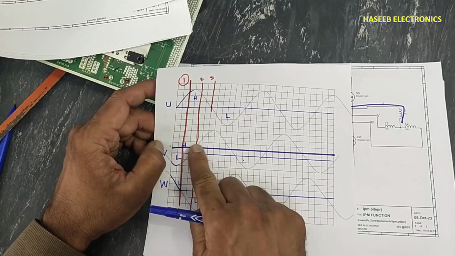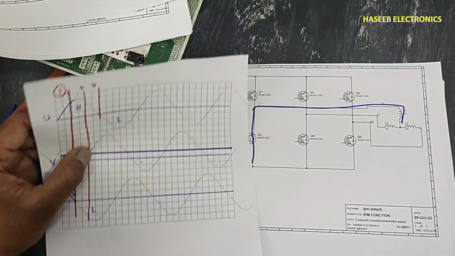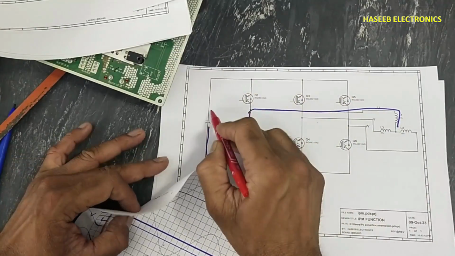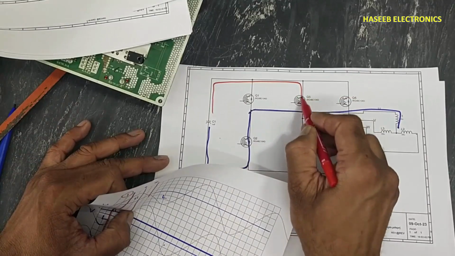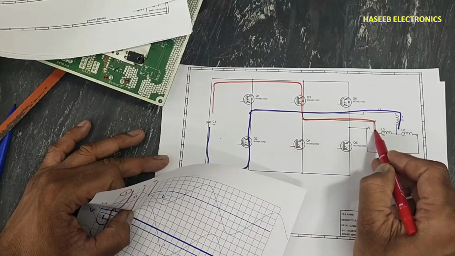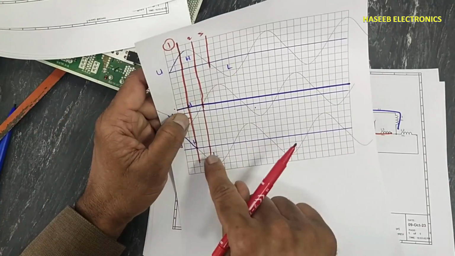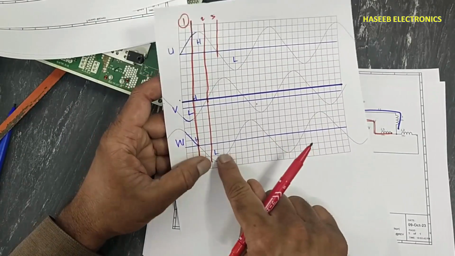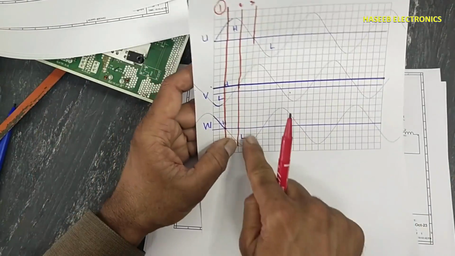Now VH is on, UV, and this time W low side is on. This.